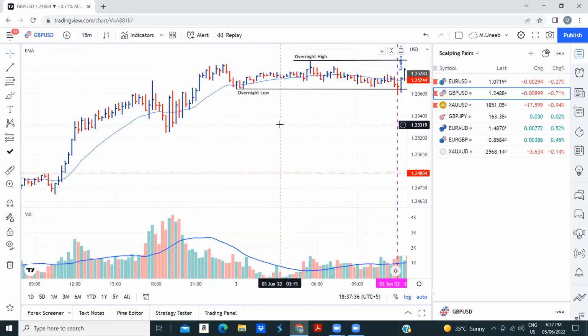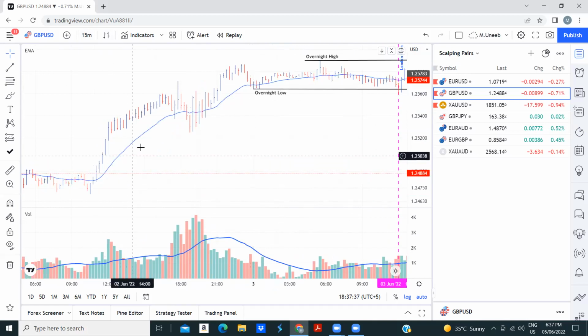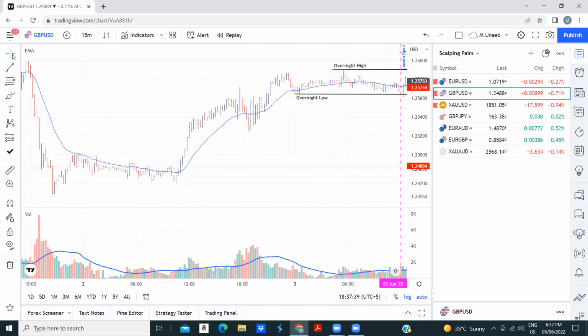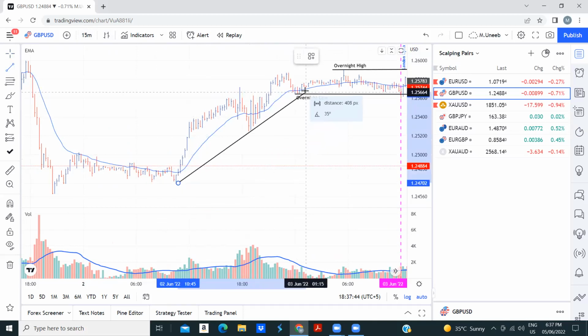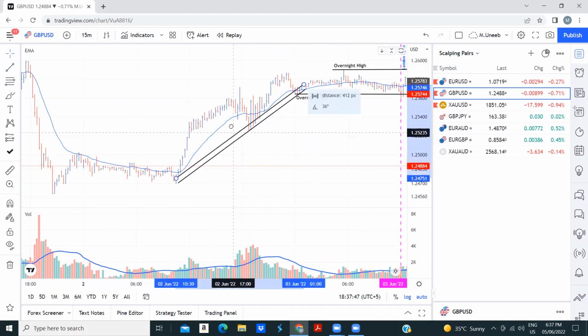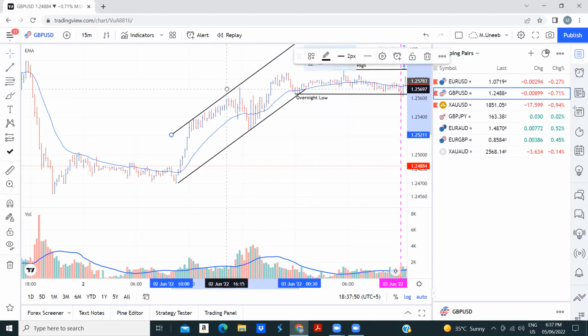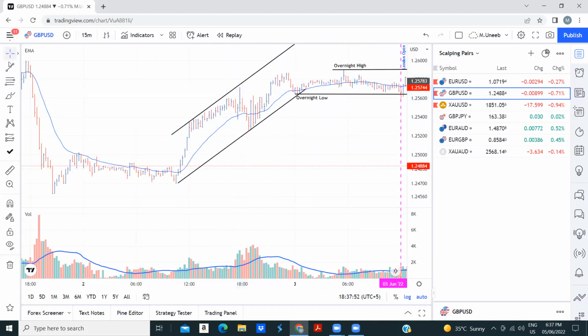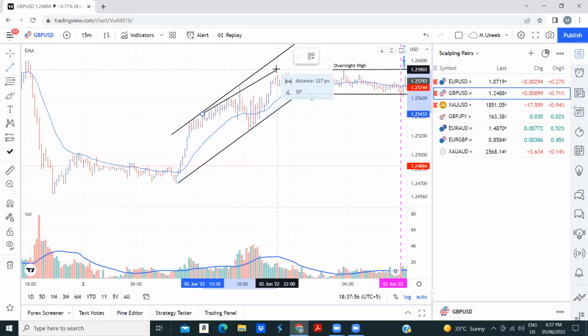Now, if you see this previous situation, try to see this situation here. If you draw these lines here, 1 touch, 2 touch, 3 touch.